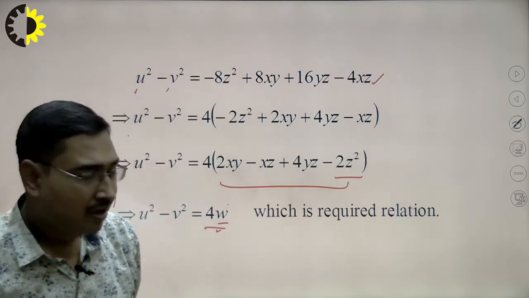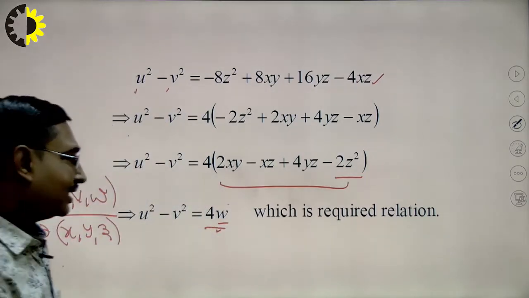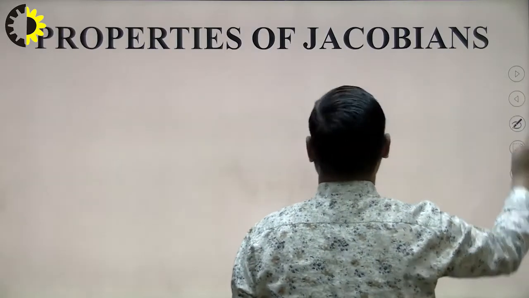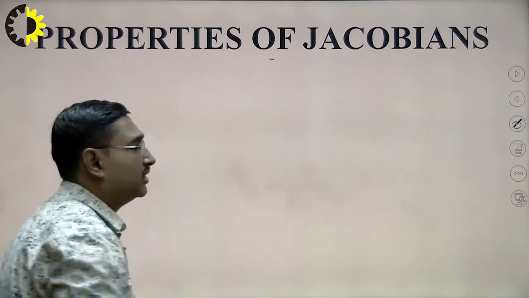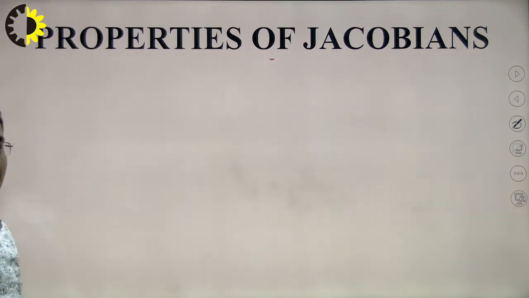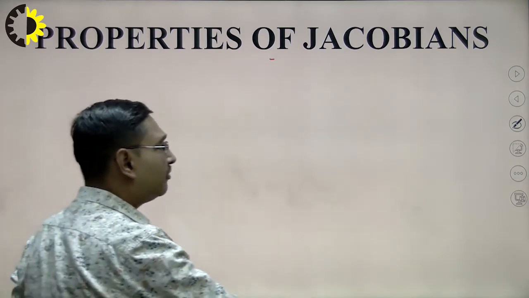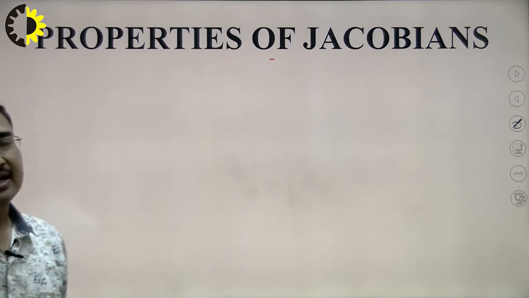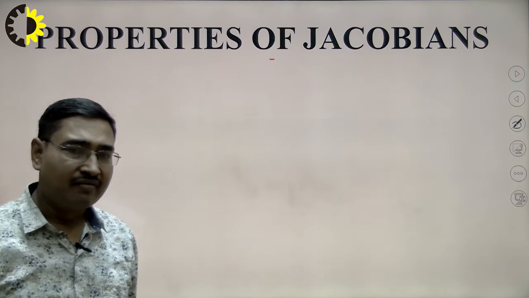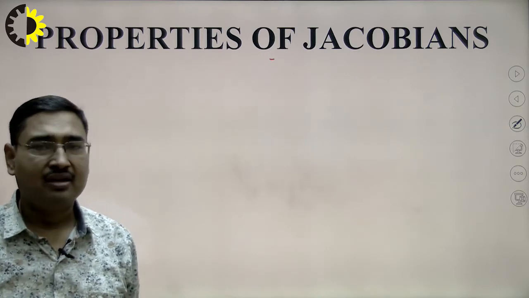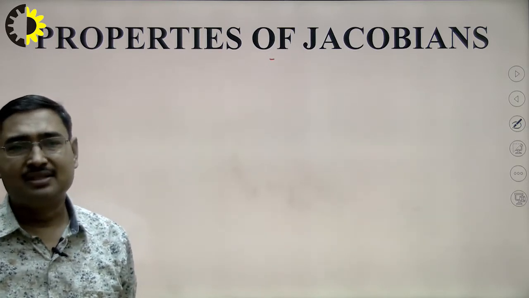Now, we move towards another idea in this topic. The next concept in this Jacobian is properties of Jacobians. So far, when we have calculated Jacobians, the values of functions were given in terms of independent variables directly.